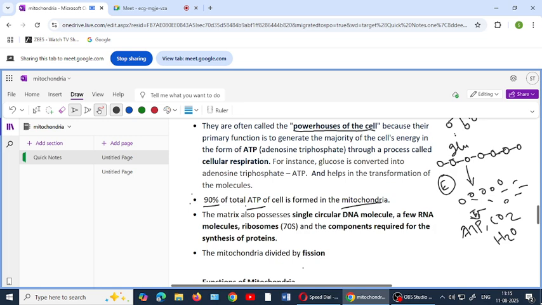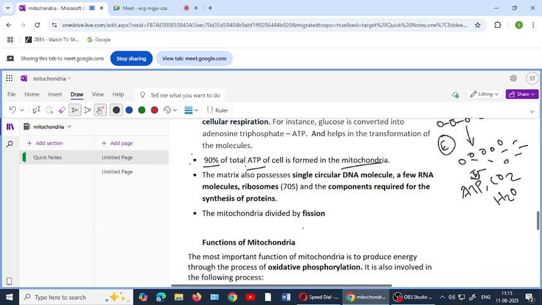Okay, and we already talked about the matrix. The matrix has a single circular DNA molecule, some RNA molecules, and ribosomes. Here the ribosomes are 70S. What do you mean by 70S? Do you know 70S, 80S?